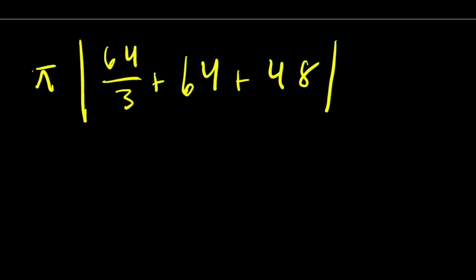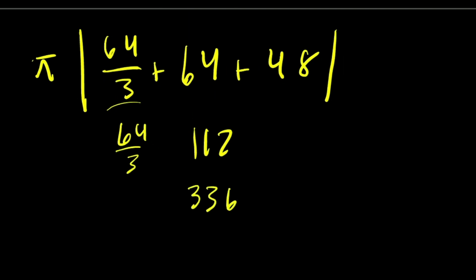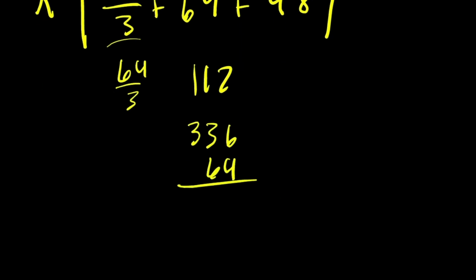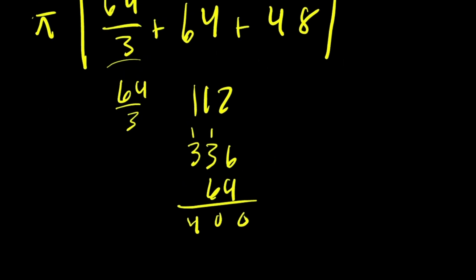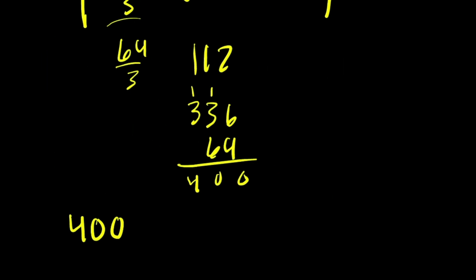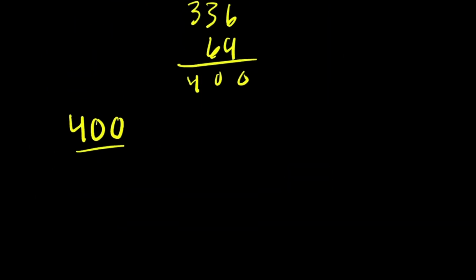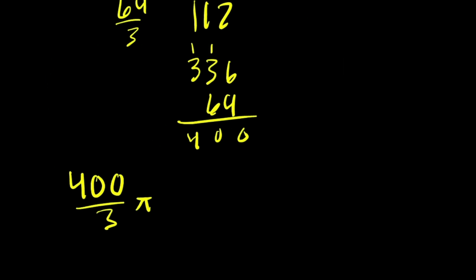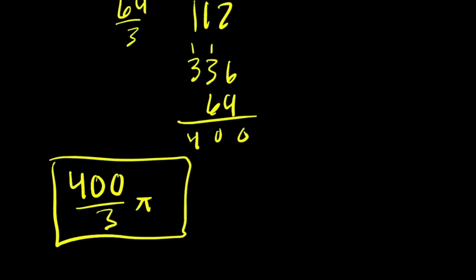All right, so add these together. This is kind of annoying with the thirds. Let's see, we get 112, plus 64 thirds. What is that? 336 plus 64. Straight up 400 thirds, I think, if I did my math right. If not, I'll put on the screen that I did the math incorrectly, but I think that is correct.